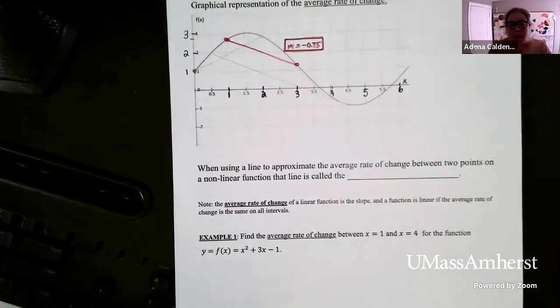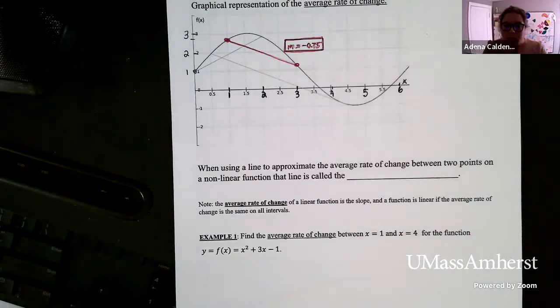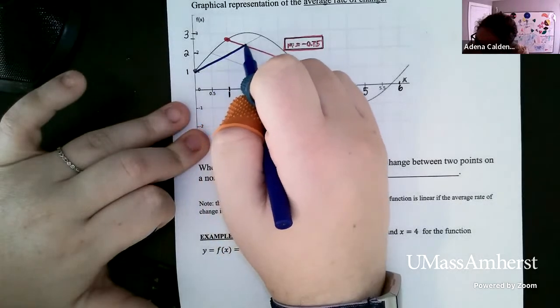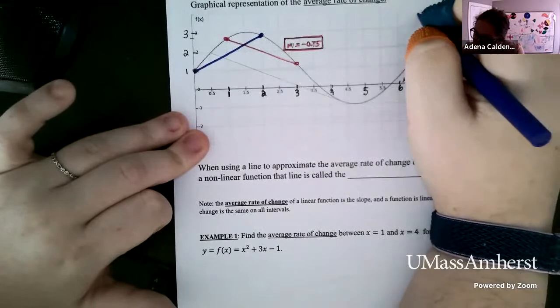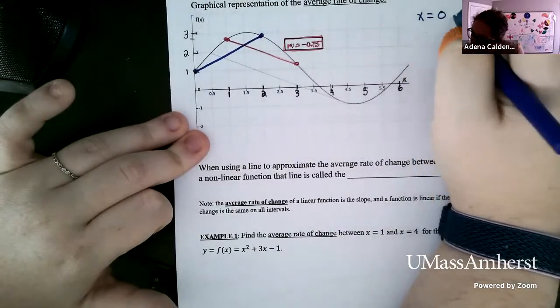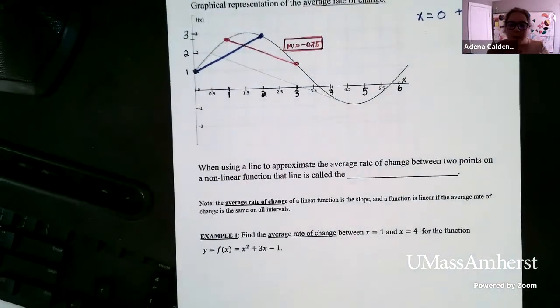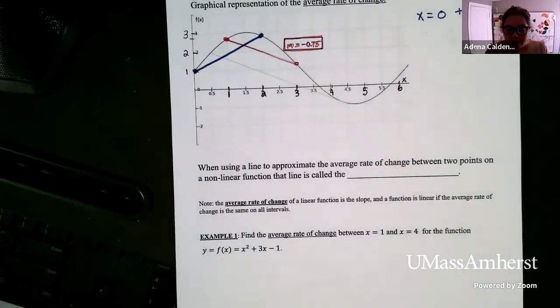But now we want to look at 2 more rates of change. So if we change where we are looking, the rate of change is going to change itself. So we are going to look at the average rate of change from x equals 0 to x equals 2. That's one we're going to try to approximate. This line is going up, so I'm expecting the slope to be positive.